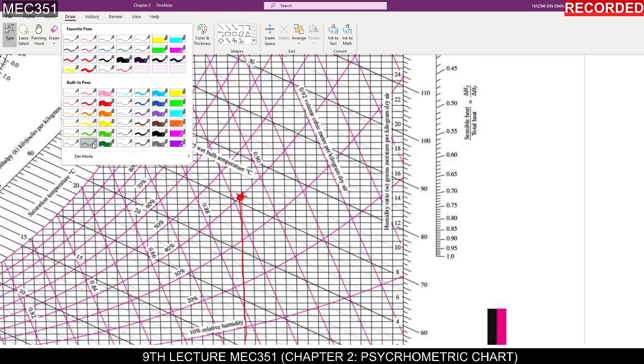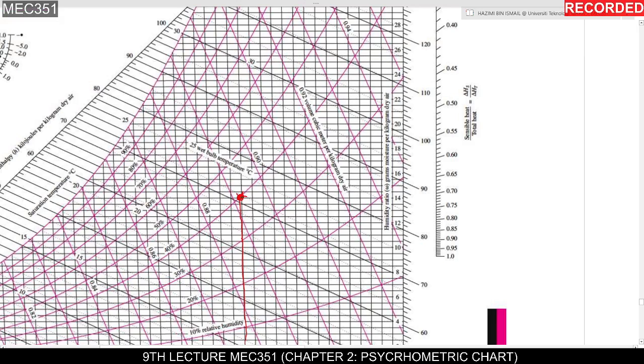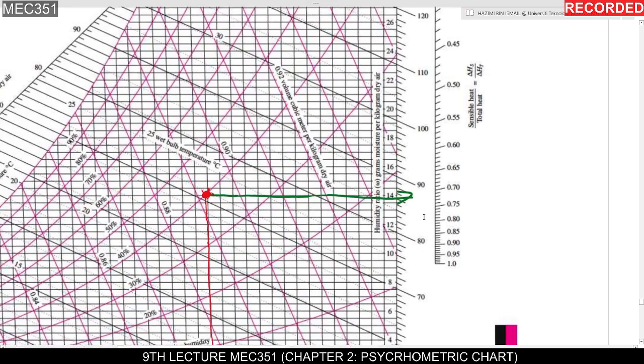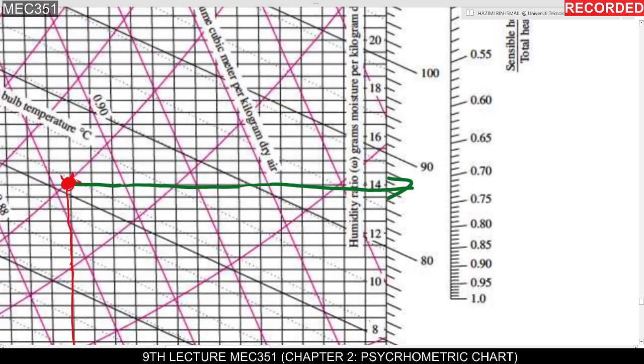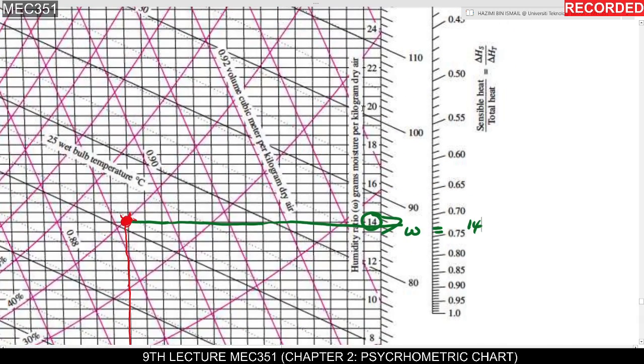I use green. So from our reference dot here, you make a line that goes to the humidity ratio. Based on my eyes here, I see the value is 14, right? So you put it here, omega equal to 14. But remember, I said earlier, 14 here is in the unit of gram per kilogram.